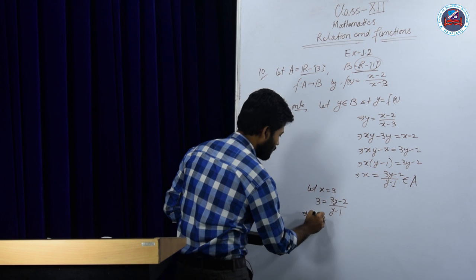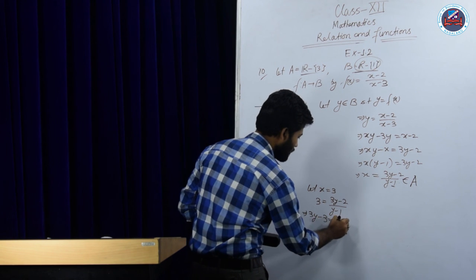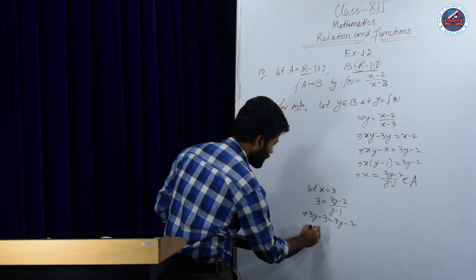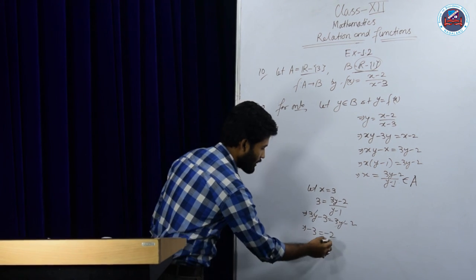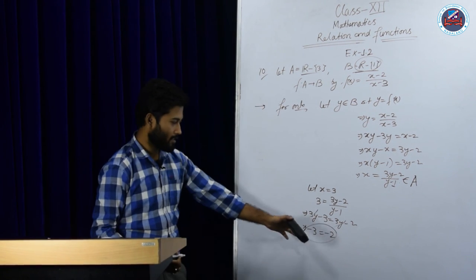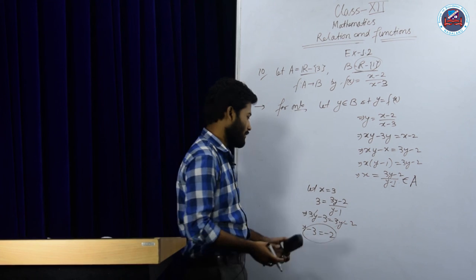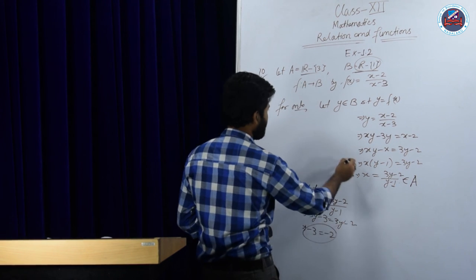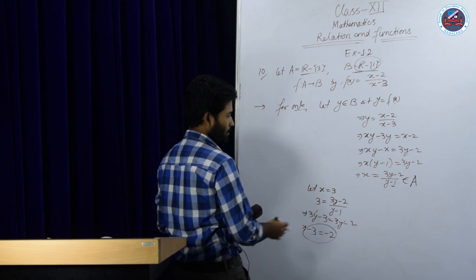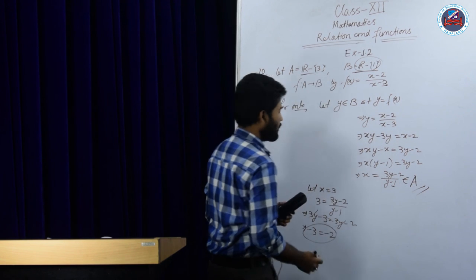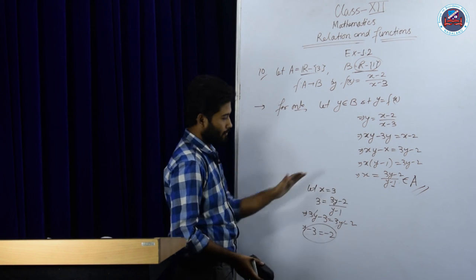And that will be 3y minus 3 is equal to 3y minus 2. So we are getting minus 3 is equal to minus 2, after cancelling the 3y. But this is a contradiction, isn't it? Minus 3 cannot be equal to minus 2. So that is the reason that they have considered the domain and codomain like this. So for our purpose, for showing 1-1 and onto, up to this it's enough.